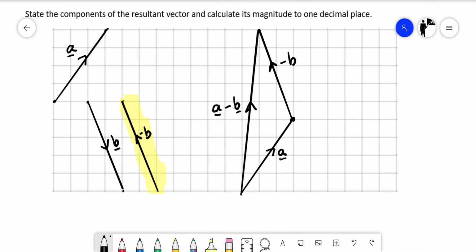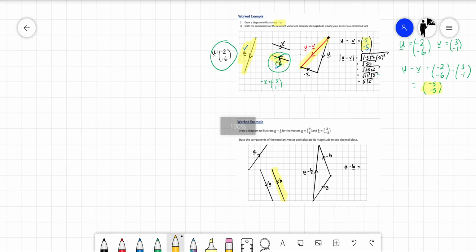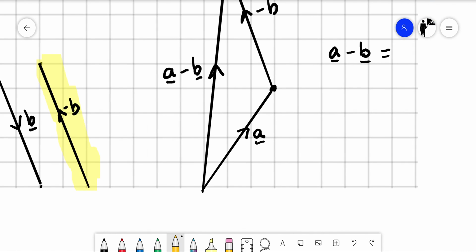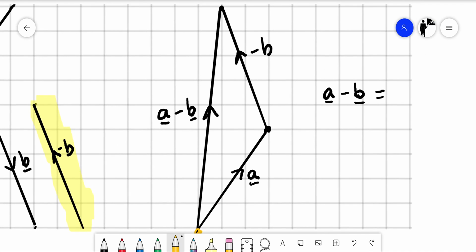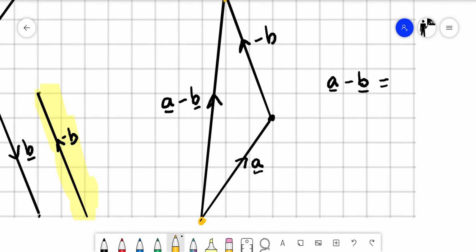Let's state the components of A minus B. So we started here, and we finished here. So we went 1 to the right, and then 1, 2, 3, 4, 5, 6, 7, 8, 9. So A minus B is the vector 1, 9.